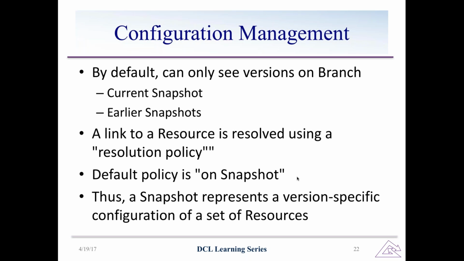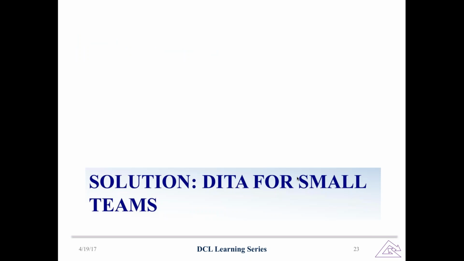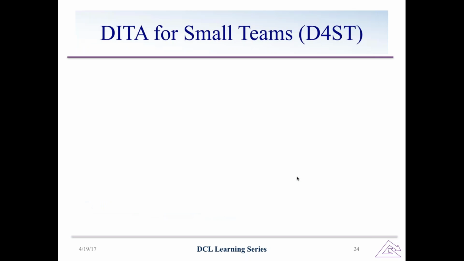Therefore, that defines a configuration of that HyperDocument on that snapshot, right? Because it defines what I can see based on my default resolution policy. All right. So that's just a small taste of this abstract HyperDocument model. There's more to it than that, of course, but that's the basic idea.